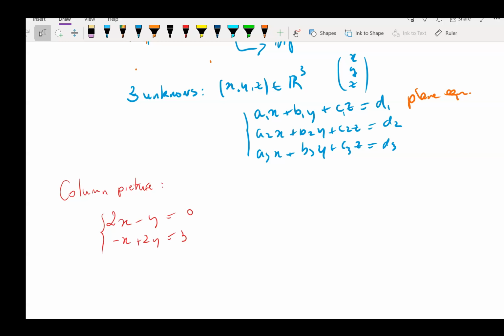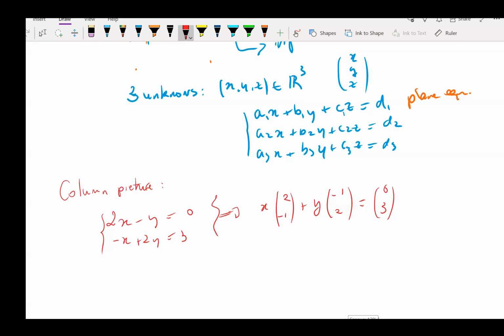So vectors are going to be our favorite notion now. This can be expressed as x times the vector (2, -1) plus y times the vector (-1, 2) equals (0, 3). I've given you a vectorial expression of that system.